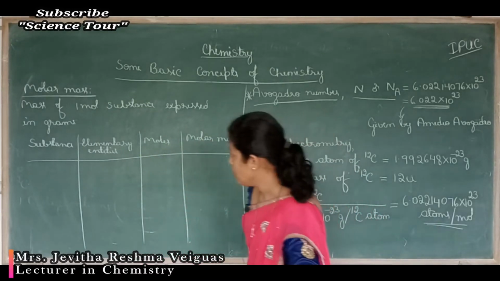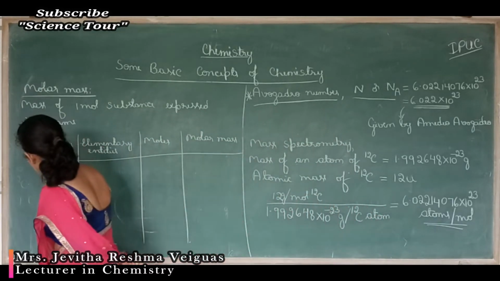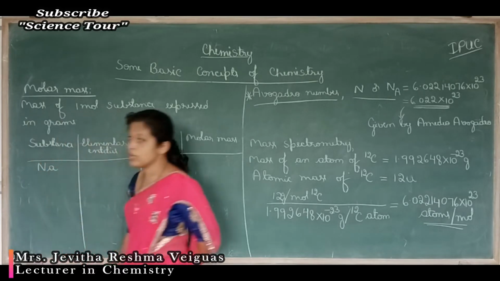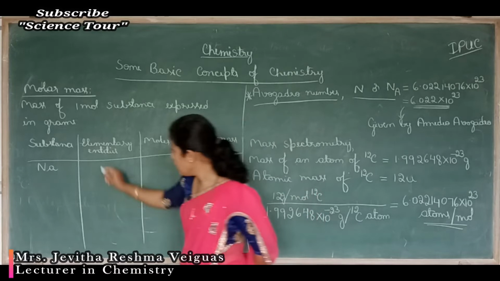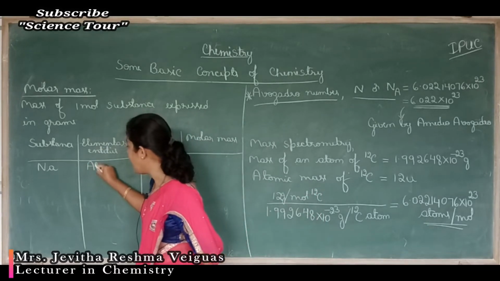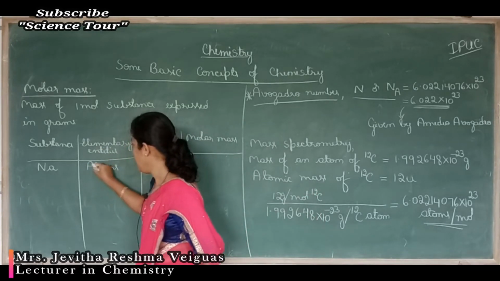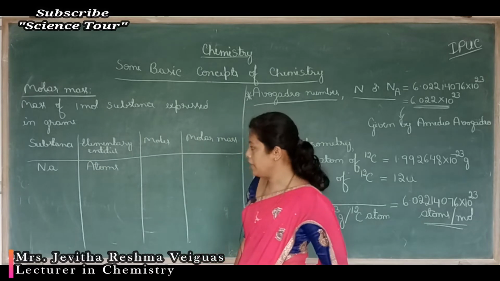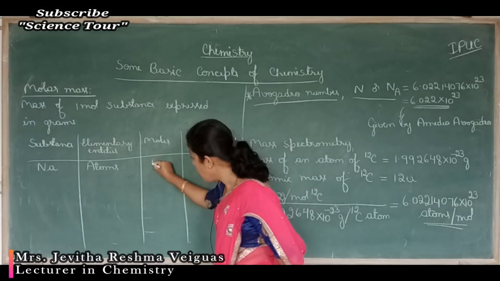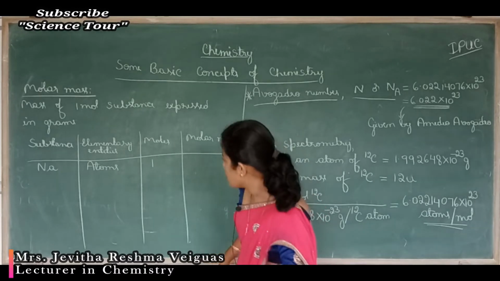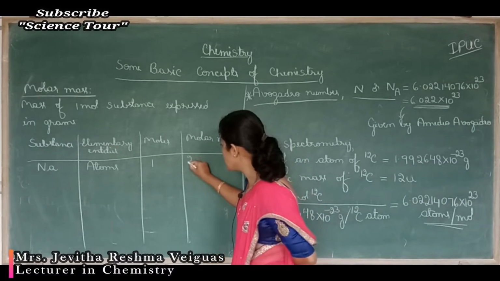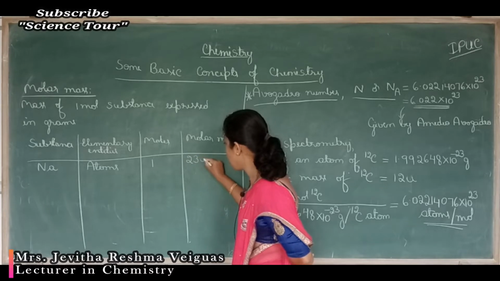Let's take the substance Na. Na means sodium. Here the elementary entities are atoms. If I consider 1 mole, its molar mass is 23 grams.